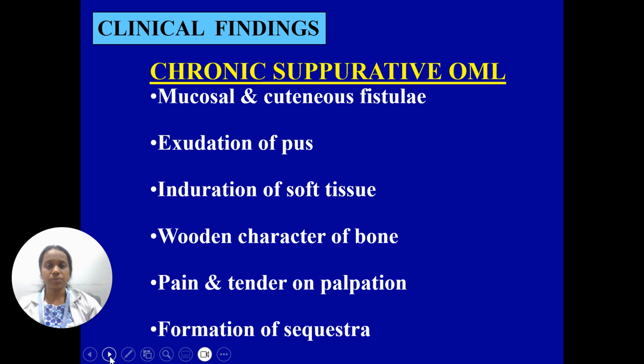Whereas in chronic suppurative cases, mucosal and cutaneous fistulae are seen, exudation of pus is present, with induration of the soft tissue and a wooden character of the bone. That means the bone appears as if it is looking like wood, that is, it has lost its blood supply and its texture because of the lost vascularity, and there is pain and tenderness on palpation.